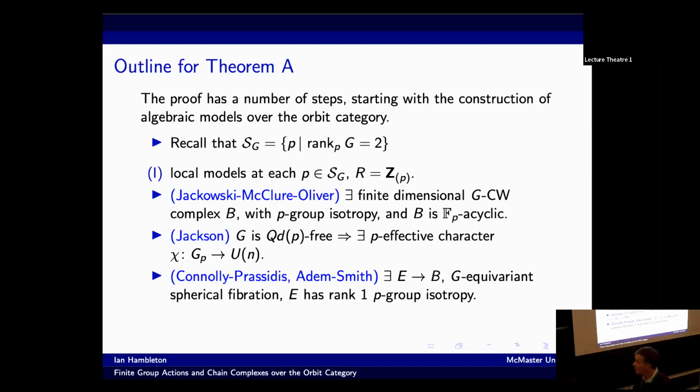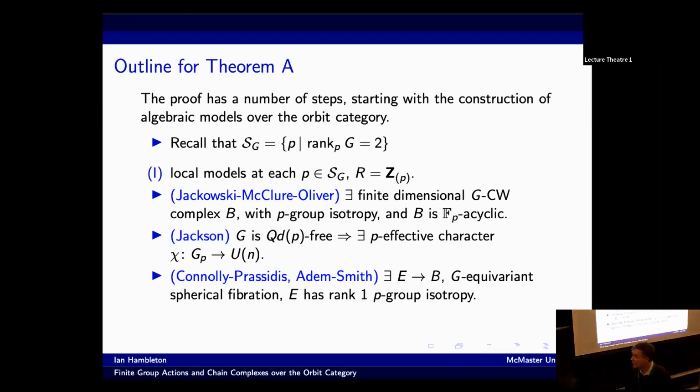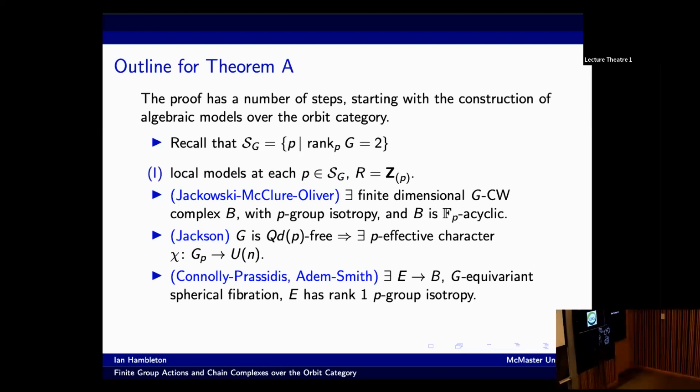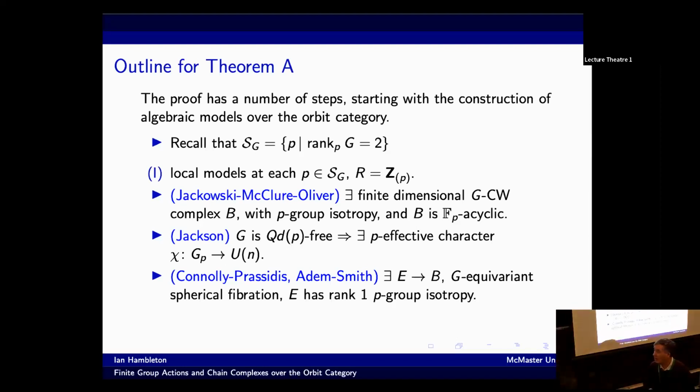Okay, so Adem, Smith, and in fact an earlier paper of Connolly and Prassidis: out of that, the B that was constructed up there, you can find a G-equivariant spherical fibration, so that E has rank 1 p-group isotropy. The idea of that argument is that you have your space B, which has p-group isotropy, but it might not be rank 1 or anything. If it's Q-dp free, you have this character which allows you to take linear representations.